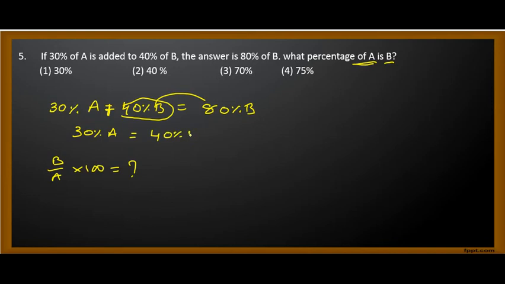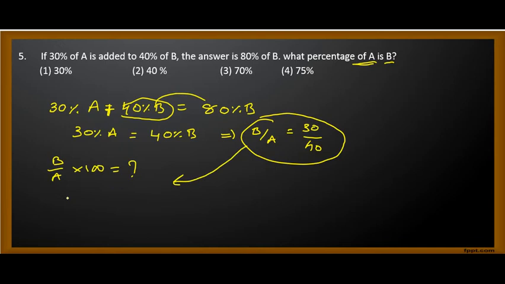So 40% of B. That implies B by A equal to 30 by 40. Okay, now we got B by A equal to 30 by 40. If you substitute here, what is the answer you'll get? 30 by 40 into 100, which is equals to 75%. So the answer is option 4.